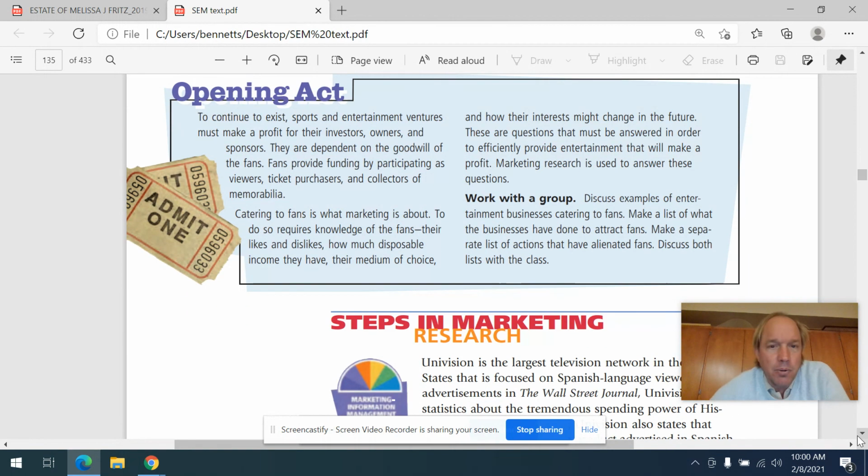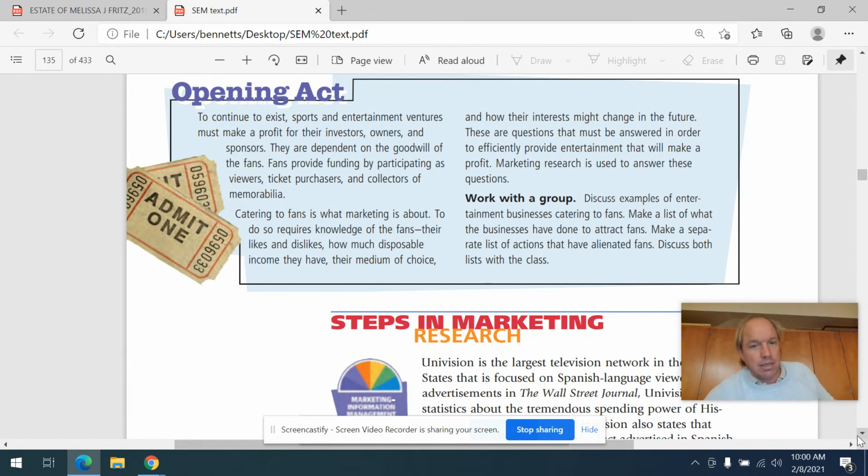To continue to exist, sports and entertainment ventures must make a profit for their investors, owners, and sponsors. They're dependent on the goodwill of the fans. Fans provide funding by participating as viewers, ticket purchasers, and collectors of memorabilia. Catering to fans is what marketing is all about.